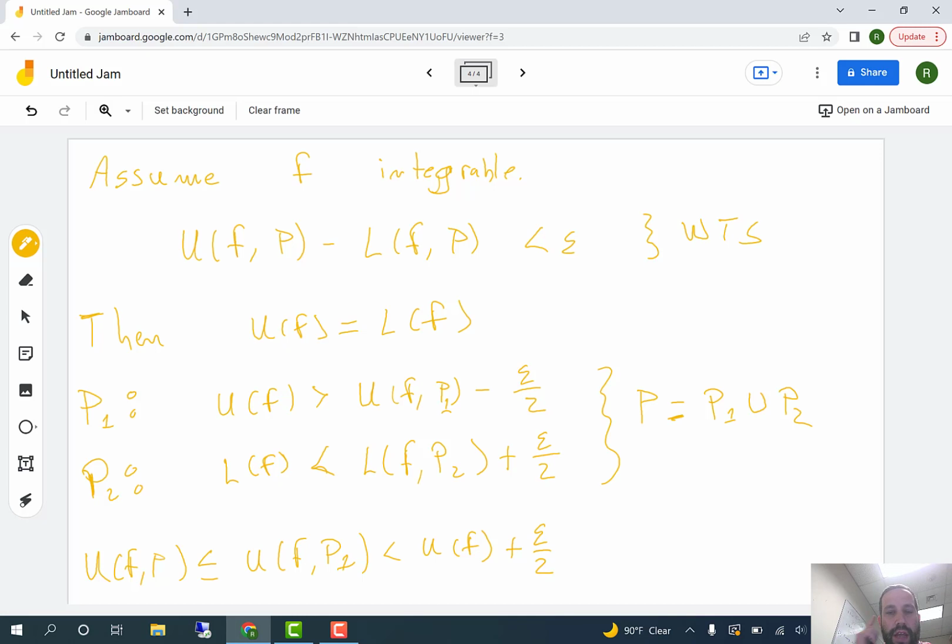And I know that U(f) is equal to L(f). That's because f is integrable, so this is L(f) plus epsilon over 2.